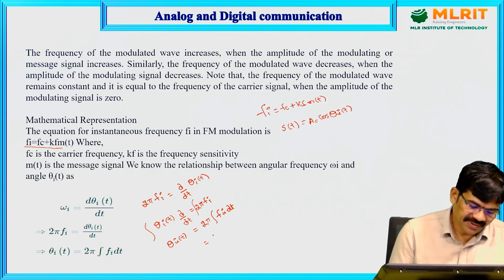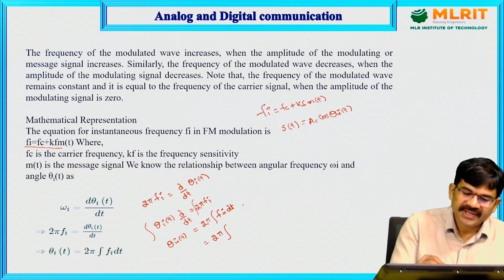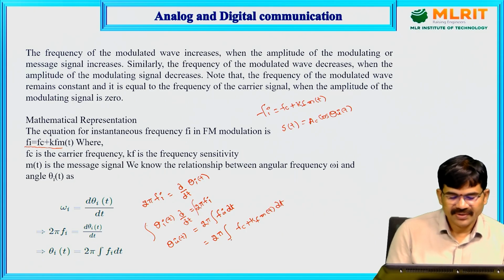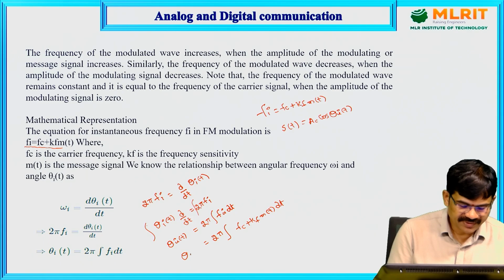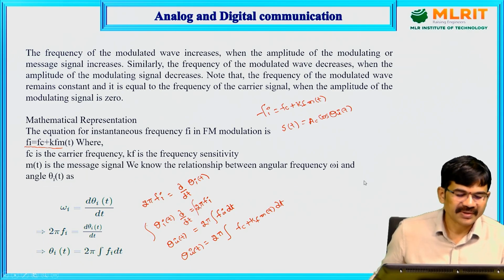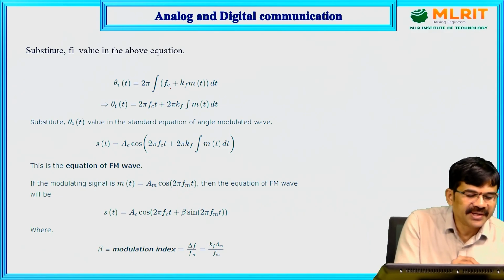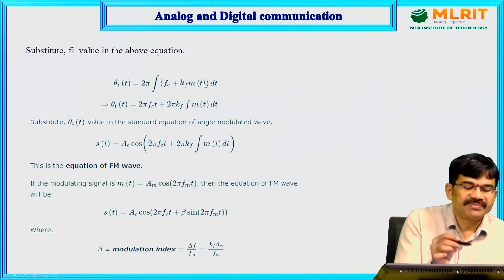Fi is nothing but fc plus kf m of t. So theta i of t is 2 pi integral of fc plus kf m of t dt.